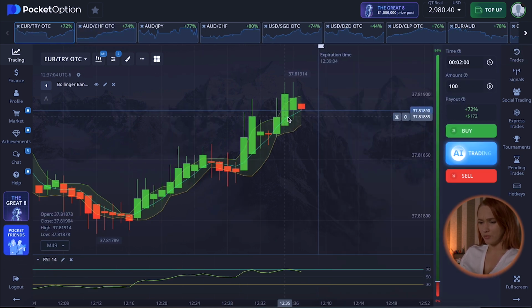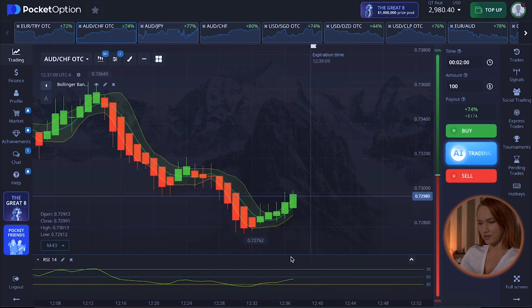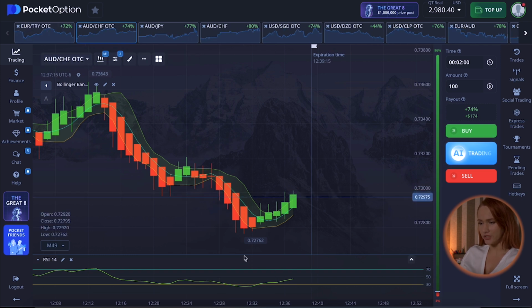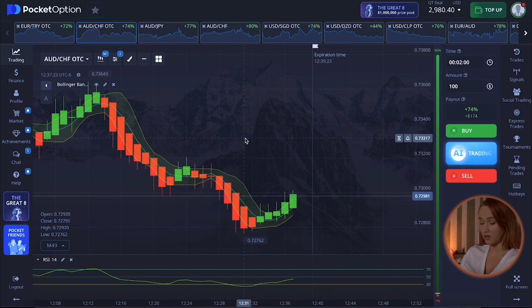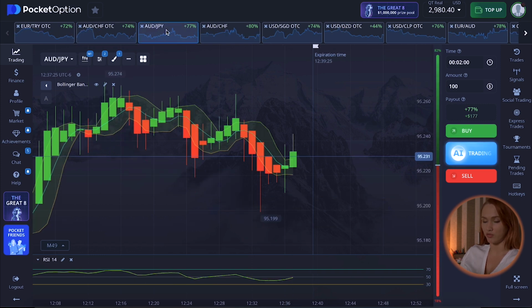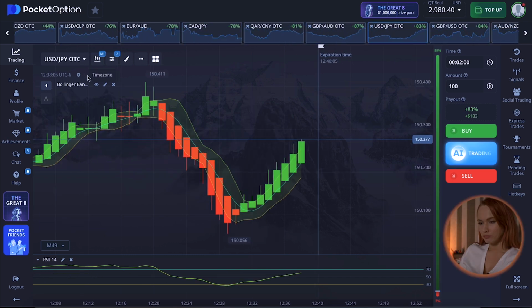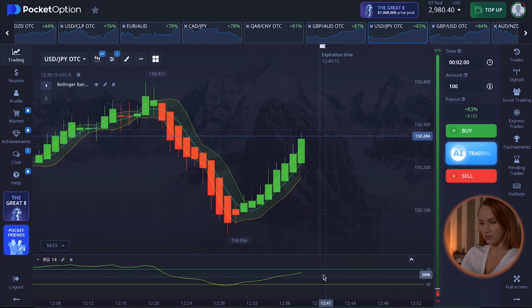We could actually repeat the previous deal, but let's move on to the next market pairs. We see the Australian dollar with franc currency pair. The candles have broken through the upper Bollinger Bands, but the RSI does not confirm this signal, so we move on. Now we see on the US dollar Japanese yen currency pair that the upper line of Bollinger Bands has been broken.